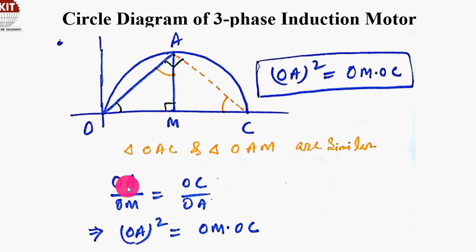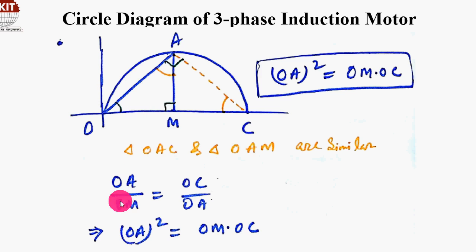So OA upon... now you consider the smaller triangle. This angle is similar to this, so this side OM is opposite to this angle. So OA upon OM will be equal to OC, which is opposite to this right angle in the bigger triangle, upon OA, which is opposite to this right angle in the smaller triangle.